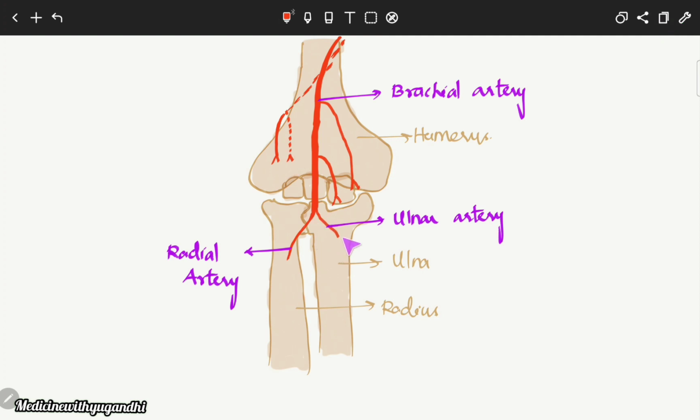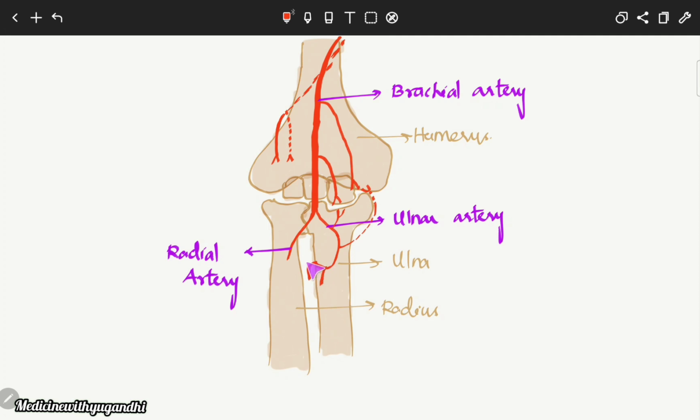Then coming to the branches of the ulnar artery, there arises anterior ulnar recurrent, then posterior ulnar recurrent, and then the common interosseous artery, from which there arise two branches called the anterior interosseous artery and the posterior interosseous artery.